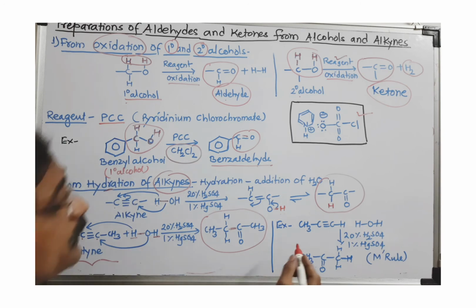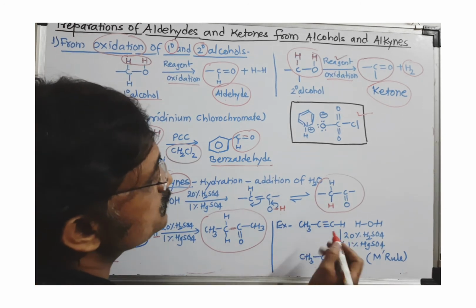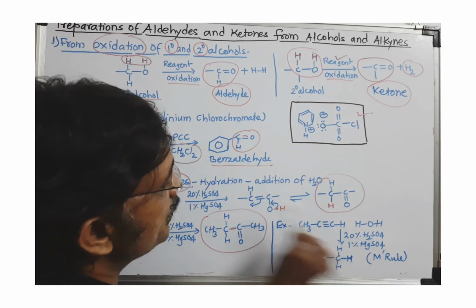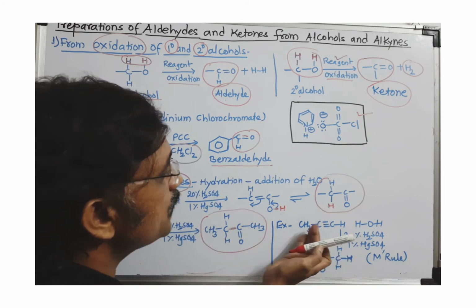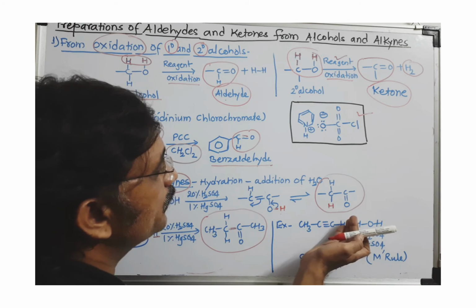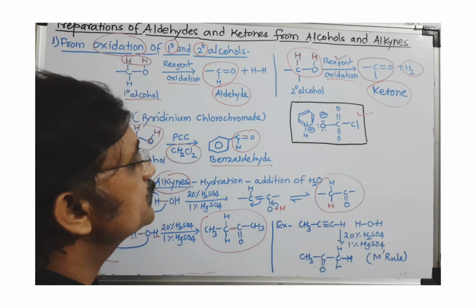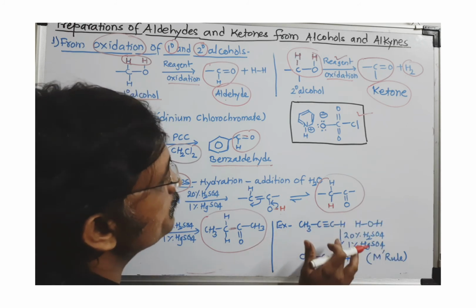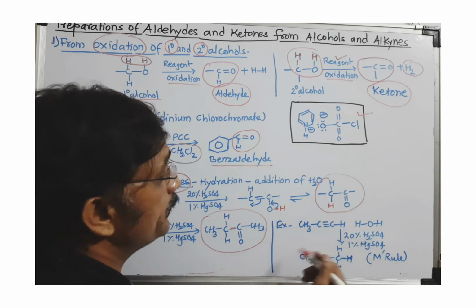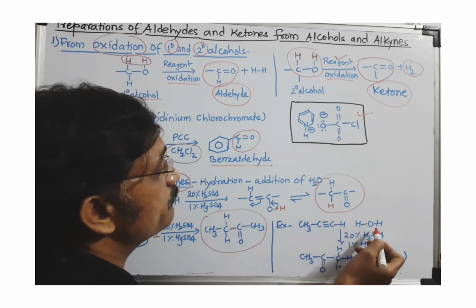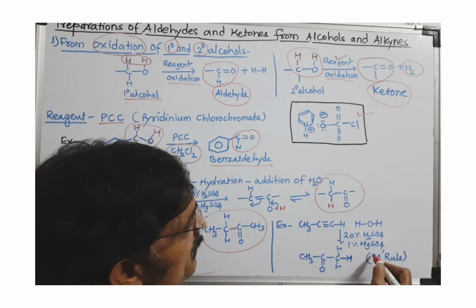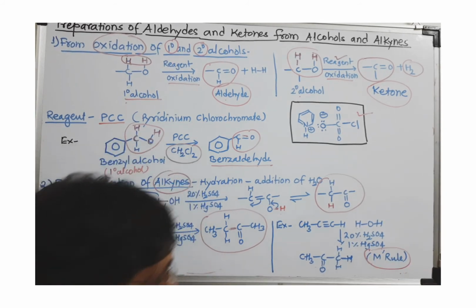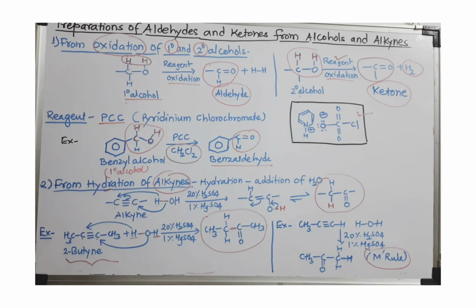But if the alkyne is unsymmetrical, how to decide? Just as I mentioned here, you cut this molecule into two halves. This half is not identical with this half, so this is not symmetrical. In that case there is a problem where to attach hydrogen and where to attach OH. In that case you have to use Markovnikov's rule. I wrote here the Markovnikov's rule very shortly.